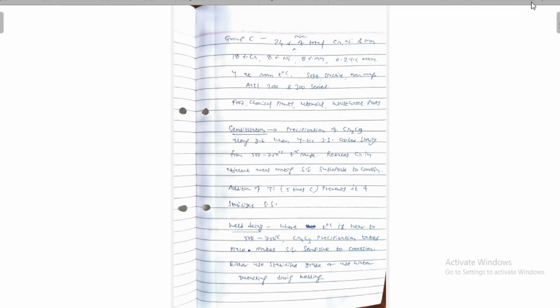So this is called sensitization. Why has it been given the term sensitization? Because due to the formation of chromium carbide, the chromium content will fall below the critical level in the solid solution, and this will make the steel sensitive to corrosion. That's why the problem has been given the name sensitization.